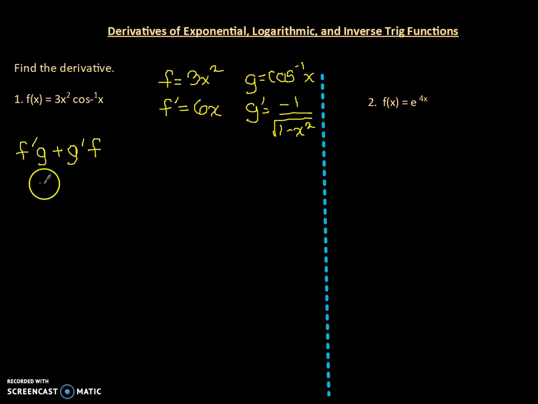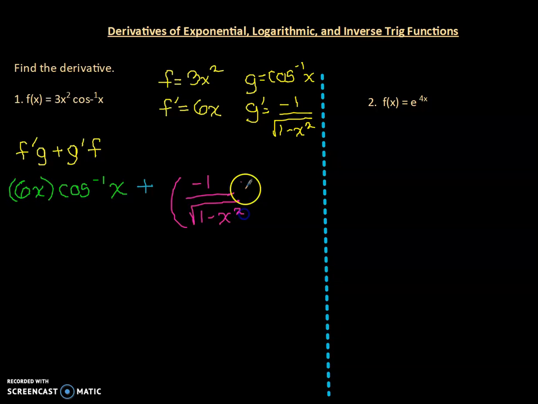So f prime would be 6x times g, which would be the inverse of cosine, and then plus g prime, which is negative 1 over the square root of 1 minus x squared, times f, which would be 3x squared.